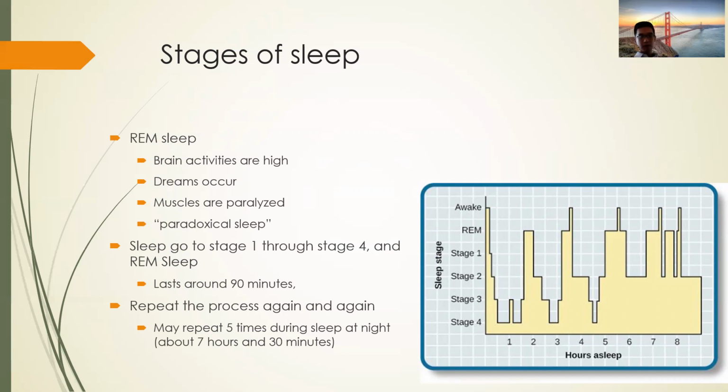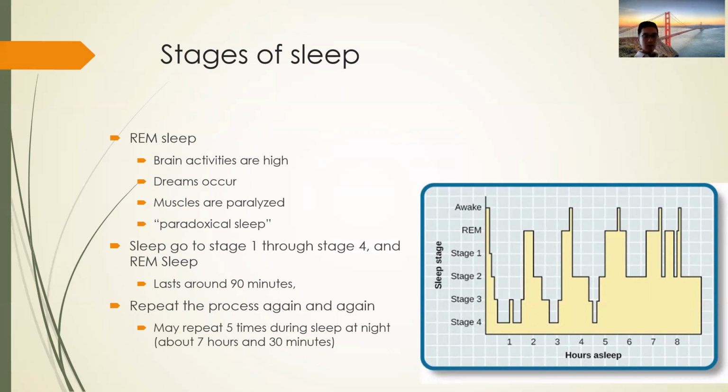So when people go to sleep, they go to stage 1, then stage 2, stage 3, stage 4, and then REM. What happens after REM? They go to stage 2, 3, 4, REM, or they go back to stage 1, or even back to wakefulness.